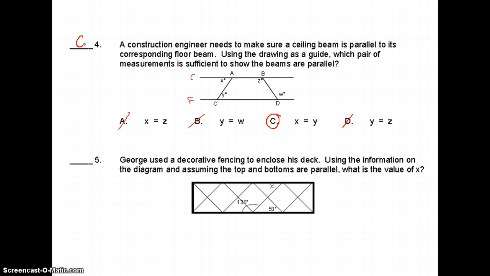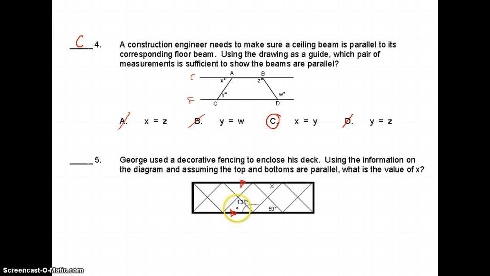Number 5. George used a decorative fencing to enclose his deck using the information on the diagram and assuming the top and bottoms are parallel. What is the value of X? Okay, so these are parallel. Okay, we want to find the value of X right up here. Well, we see right here that this piece is 130.